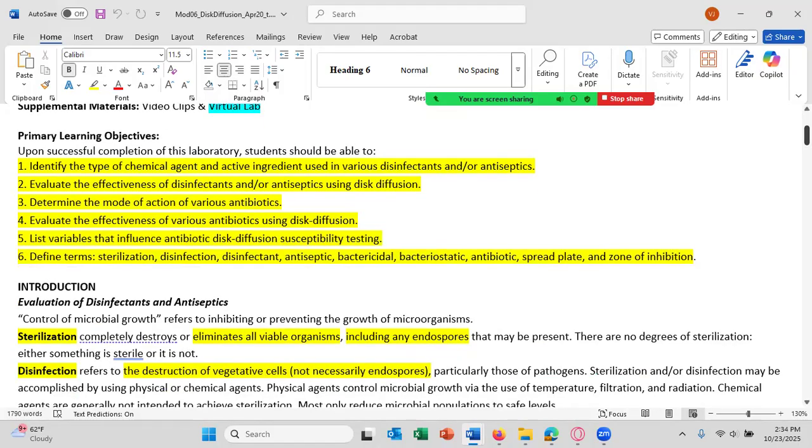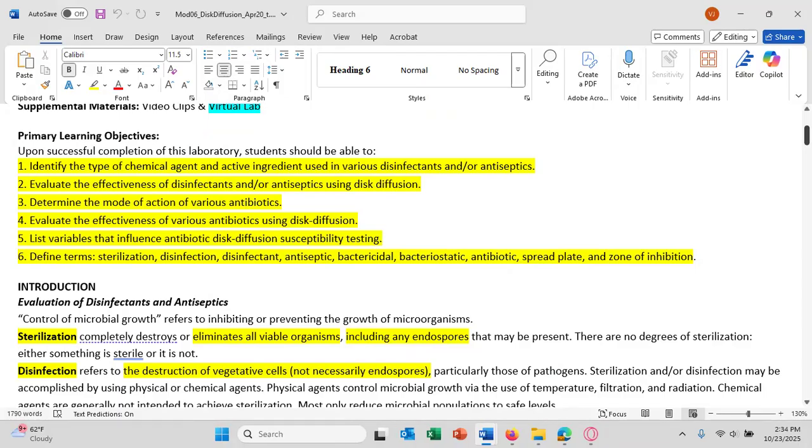The learning objectives for this lab are: one, be able to identify the type of chemical agent and the active ingredient used in various disinfectants or antiseptics. Two, evaluate the effectiveness of disinfectants and/or antiseptics using the disc diffusion method, which is also called the Kirby-Bauer method.